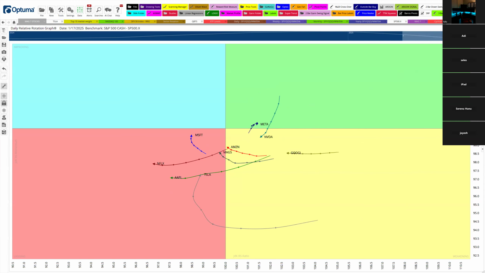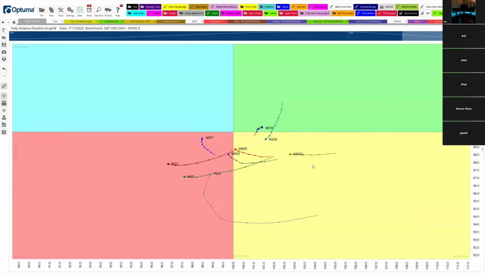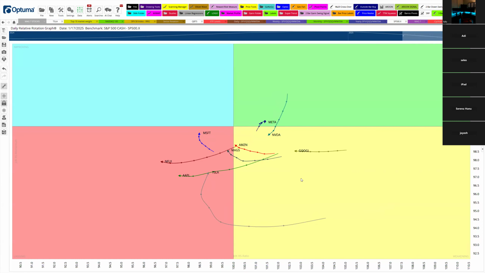So yeah, this Apple is kind of away from it, it's three decile. It's not that bad. It's three. I don't have any Tesla.